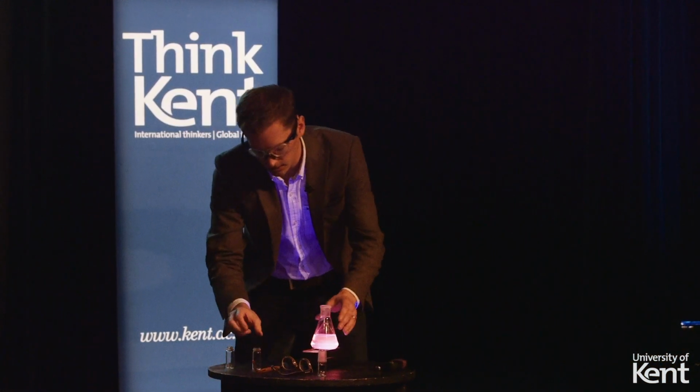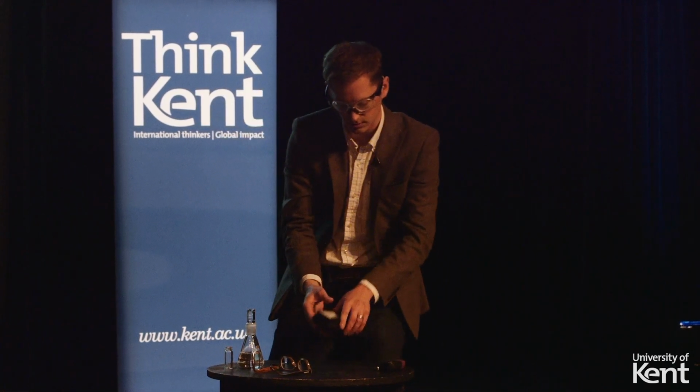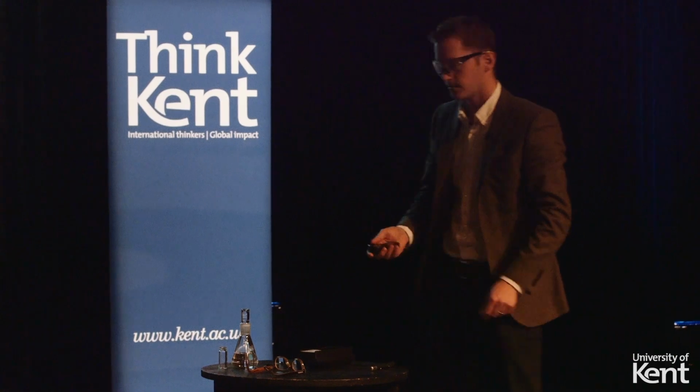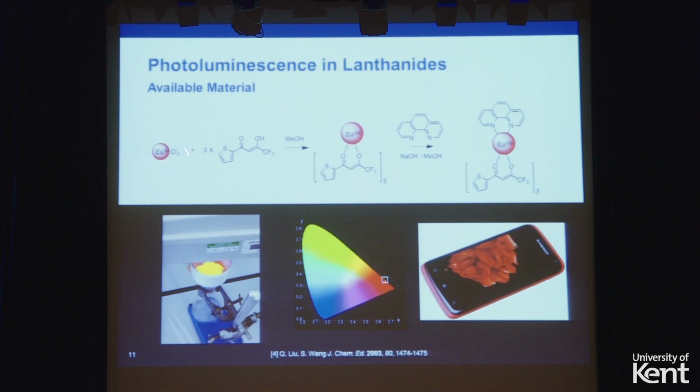And in a principle not too dissimilar to that, we thought we would try and develop a new sensor for Bacillus anthracis. In our teaching labs in the School of Physical Sciences, we actually synthesize a very simple europium material using very simple chemistry. And in fact, it turns out that it is the red emitter in your mobile phone.